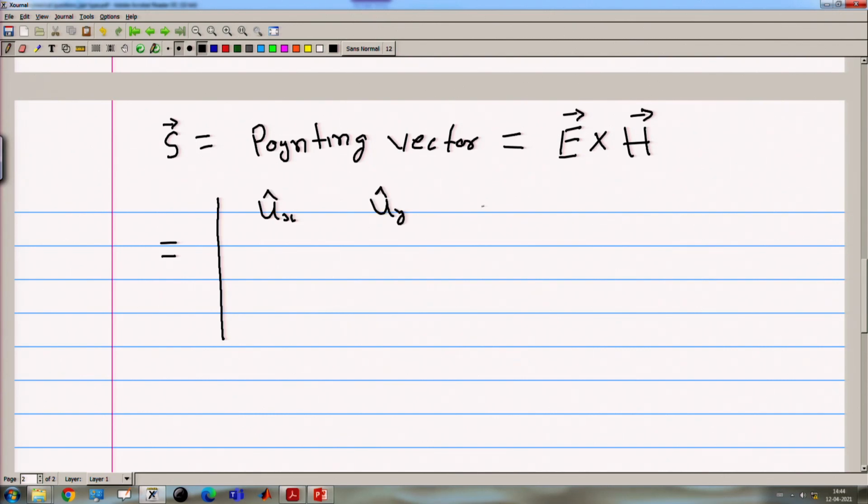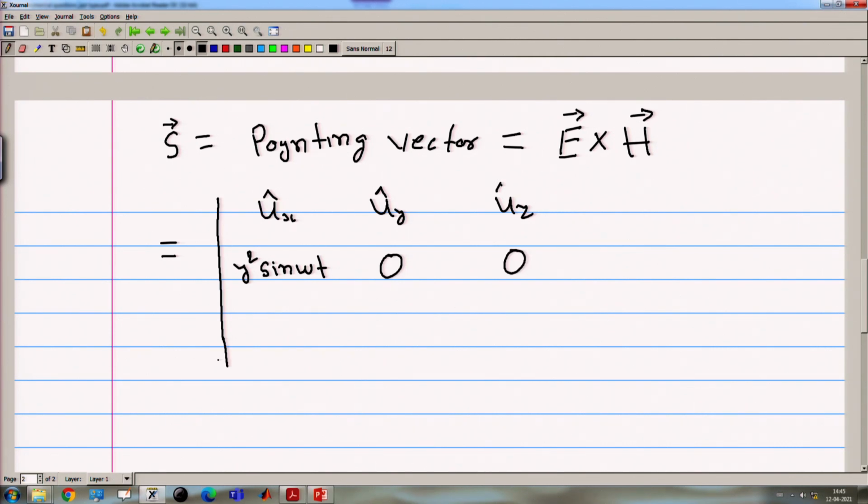The electric field is u x times x by a square sin omega t. That is, the electric field has only x component, and all other components will be 0.